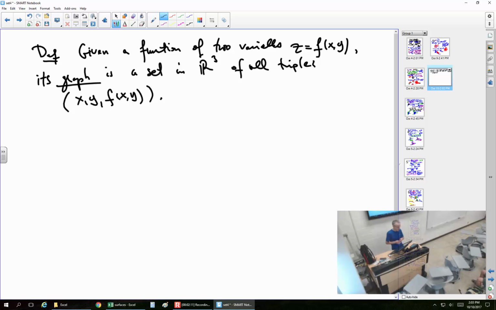In dimension 1, it was the set of all pairs x, f of x, that's what we had in dimension 2, and now this is what we have in dimension 3. So, generically that is a surface. Why generically? Because there might be weird functions.